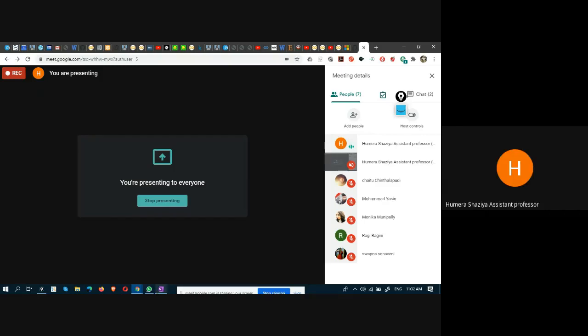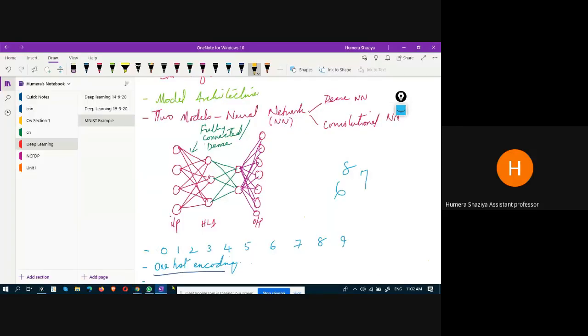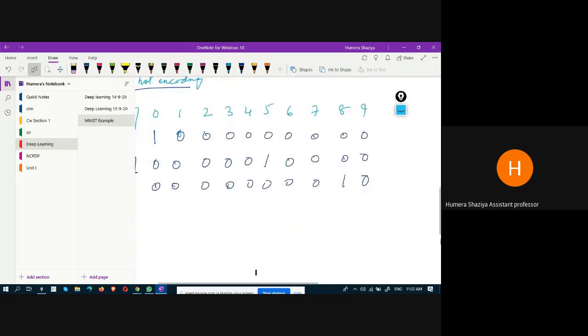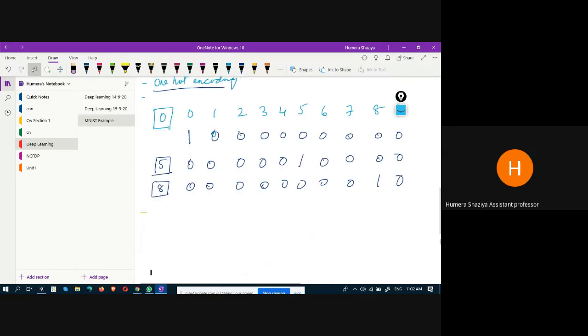Okay, students. So we are here. We understood what is the meaning of one hot encoding, and this is all about pre-processing of the data set and model building.